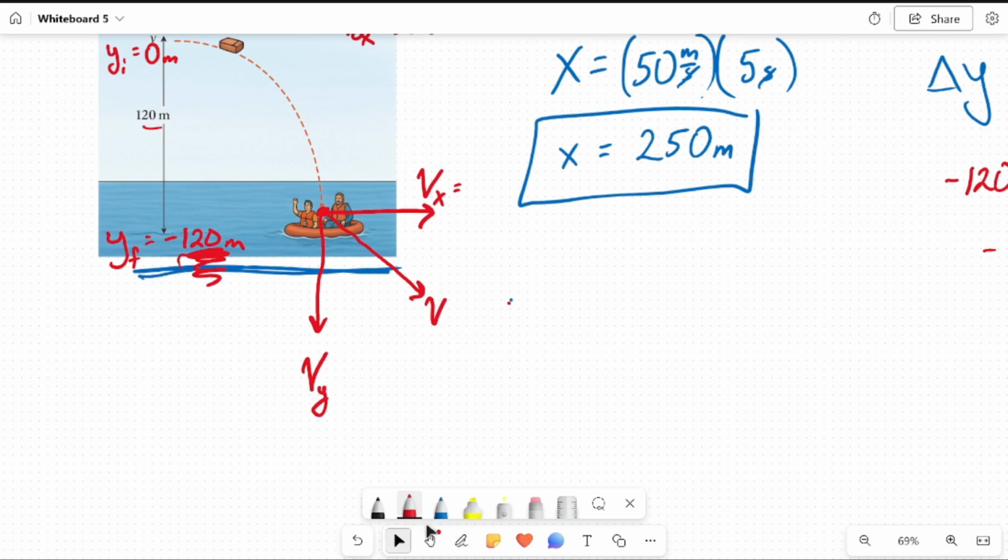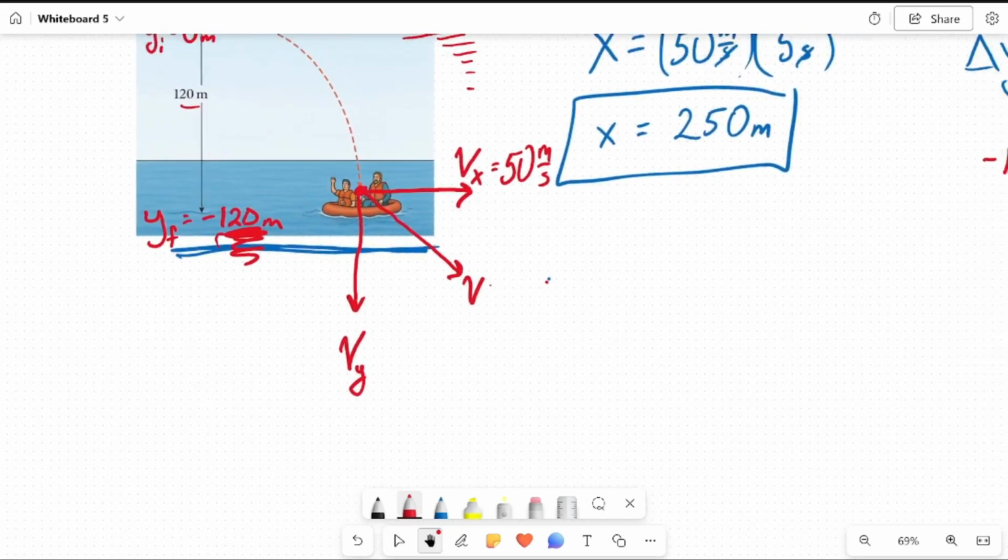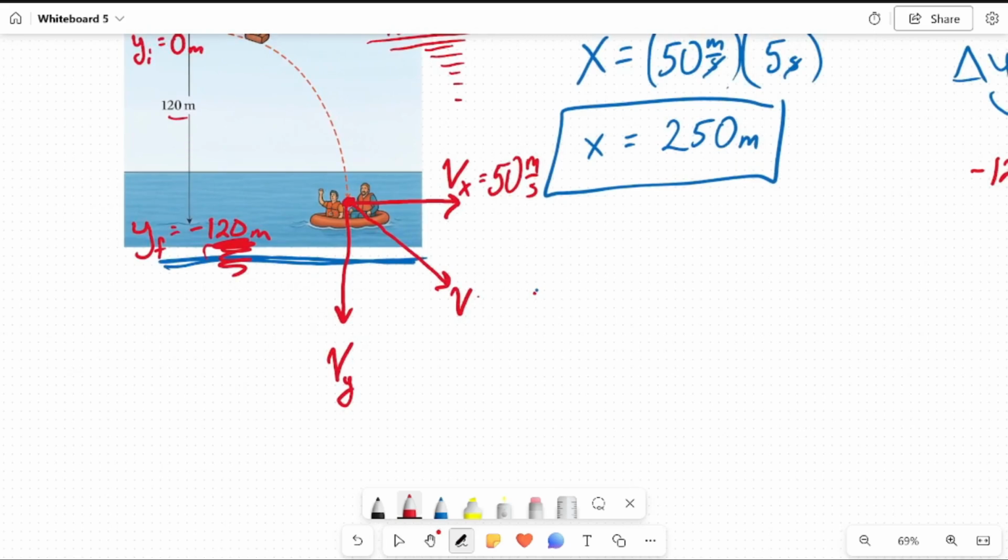So that's pretty easy. What's neat is I already know my velocity x because this is a projectile, and unless you've got air resistance, this x velocity never changes through the flight, which means even by the time we get down here, the velocity of this thing is still 50 meters per second. Well, that's easy. So now it just becomes a question of how do we find our y velocity? Well, we've got two ways we could do it.